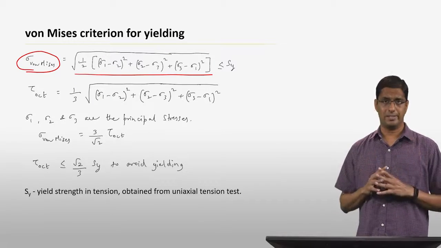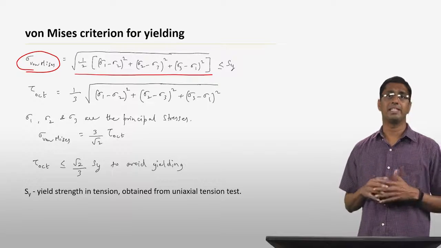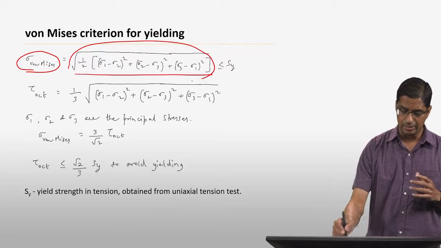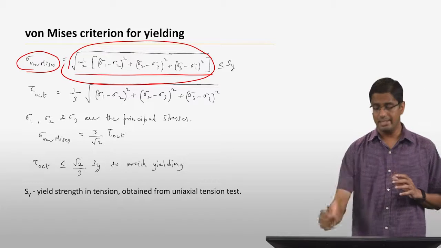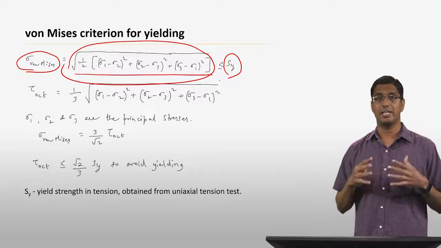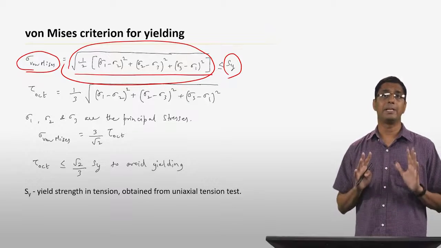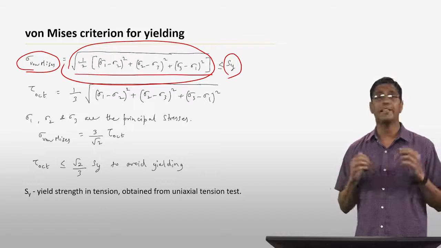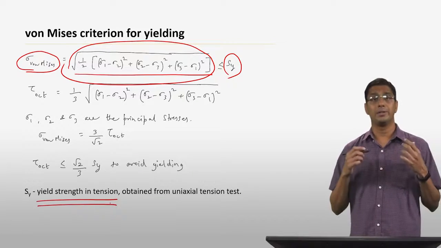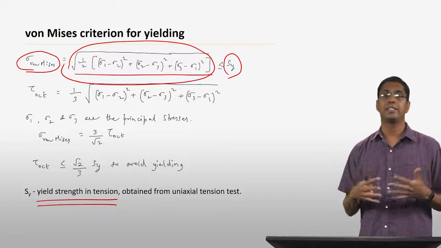And the von Mises criterion says that if this quantity that I have circled here is less than your Sy, which is your yield stress under tension, then the material will not yield. Again, how do you get this Sy? This is the yield strength in tension that you obtain from a uniaxial tension test.